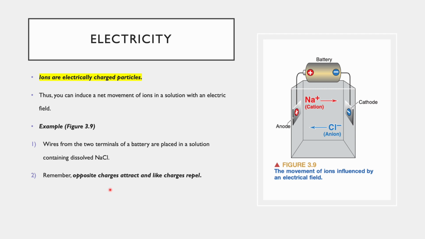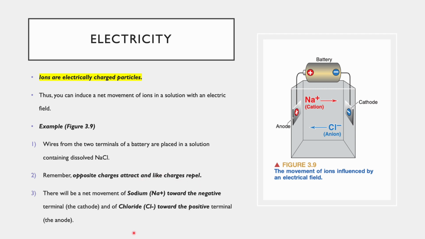Remember, opposite charges attract and like charges repel. There will be a net movement of sodium, shown here, towards the negative terminal, the cathode, and a net movement of chloride, an anion, towards the more positive terminal, or anode.